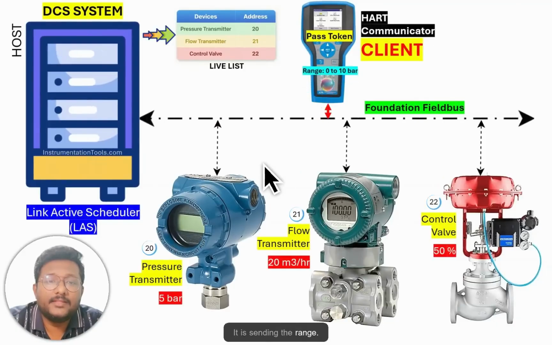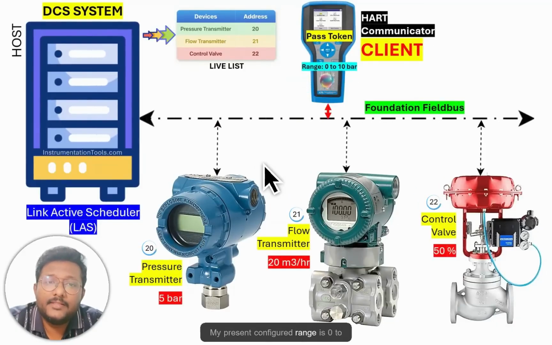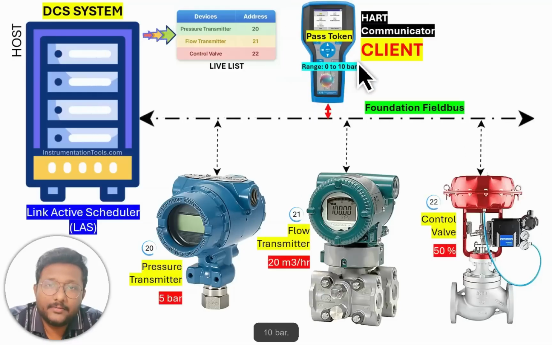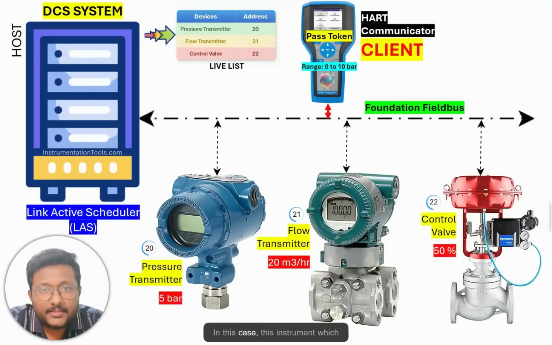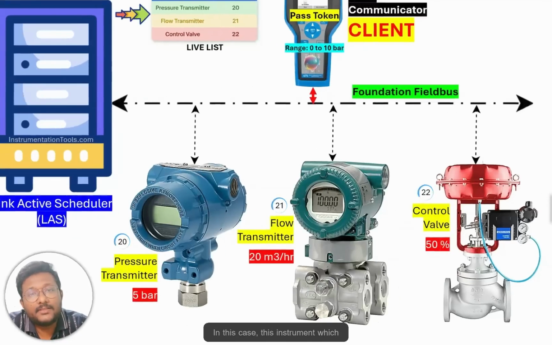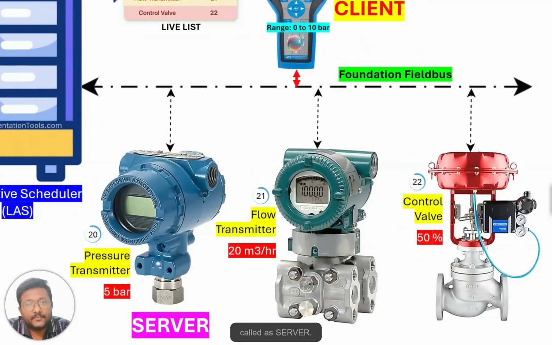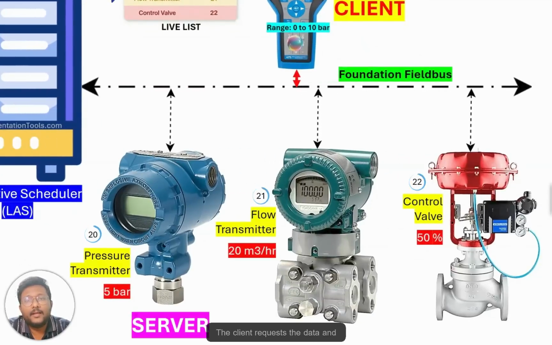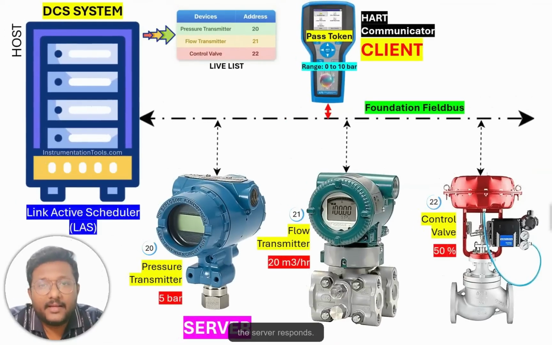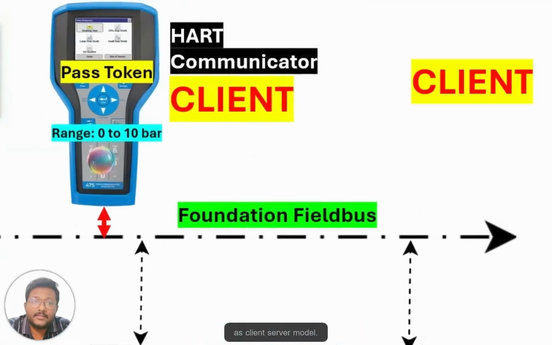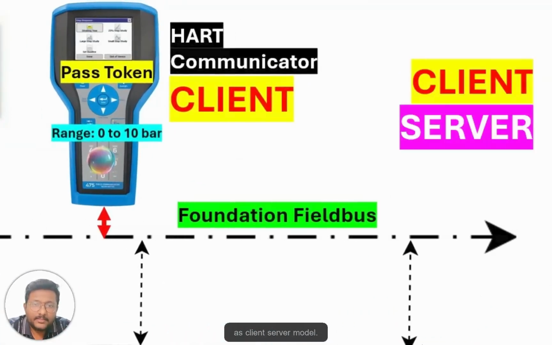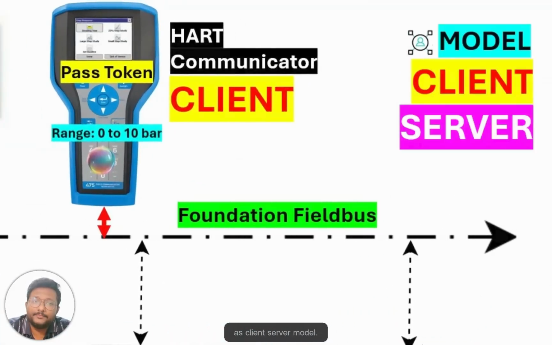It is sending the range. My present configured range is 0 to 10 bar. In this case, the instrument which sends the data is called the server. The client requests the data and the server responds. Server updates the data. That is why this model is called the client server model.